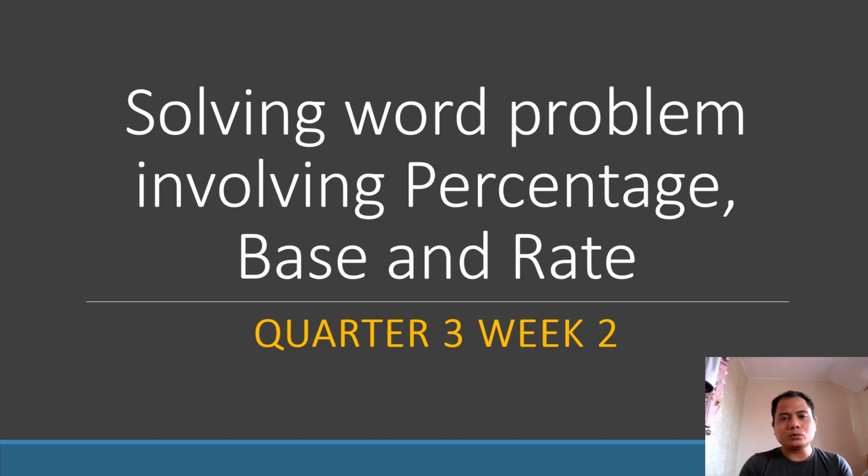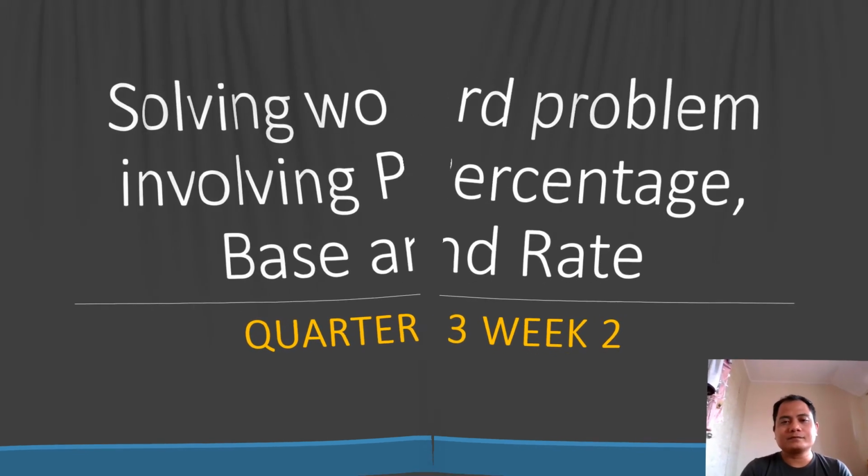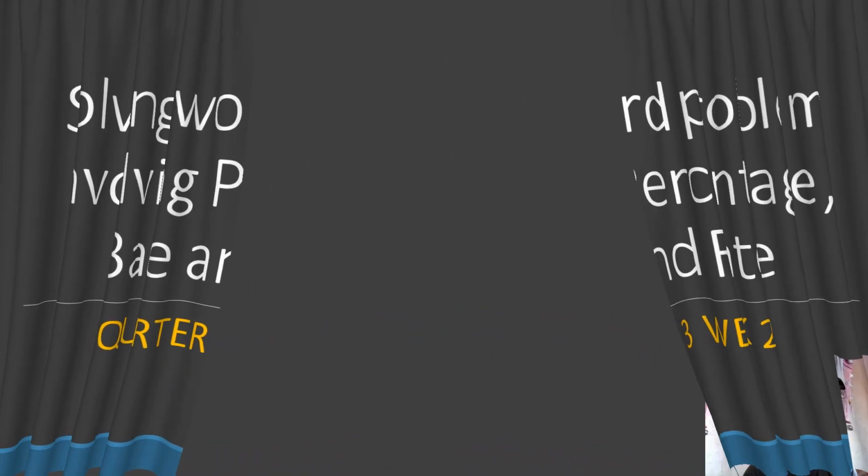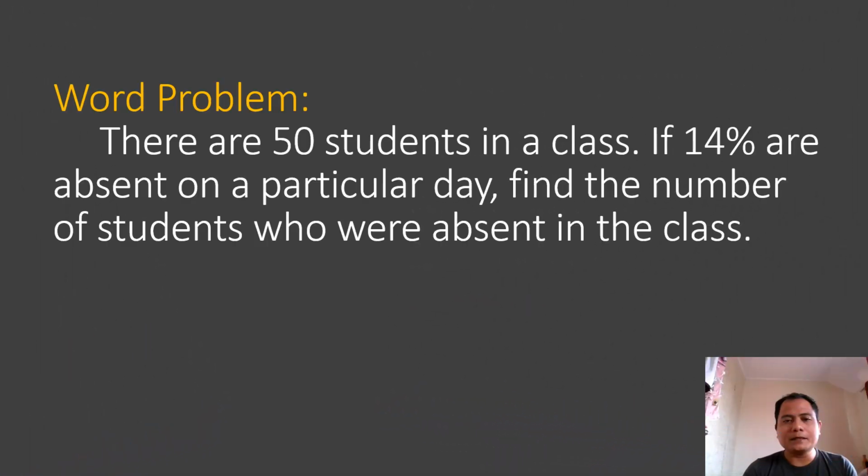We are going to apply finding the percentage, base, and rate in a word problem. So, welcome to quarter 3, week 2. The problem: there are 50 students in a class.